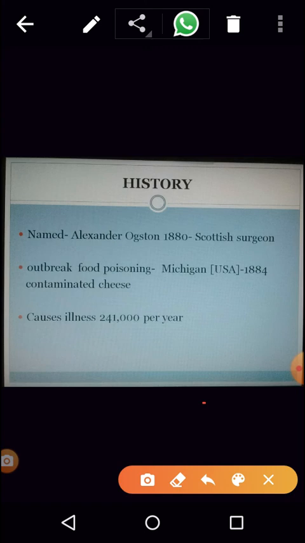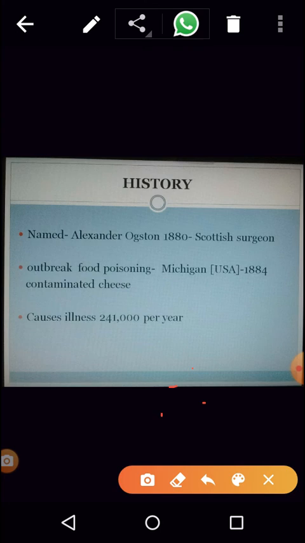The first food poisoning outbreak was seen in Michigan, USA, in the year 1884. It was spread due to contaminated cheese. The cheese was contaminated by Staphylococcus aureus.